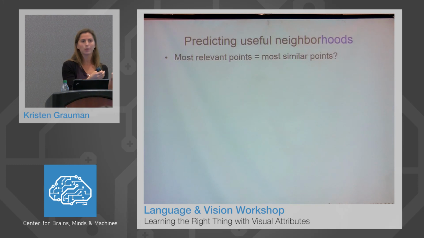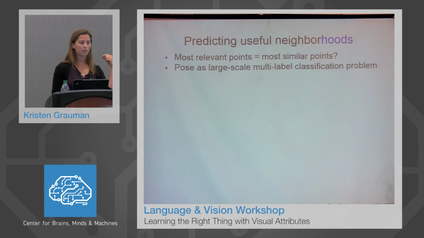Okay, so you find nearest neighbors, you train a model. But what this ignores is the joint distribution of the label and the nearest set, or the most relevant set. So what we'd like to do is actually take a data point and map it to its most useful neighborhood as a whole. Okay? And that neighborhood may not be the things that are closest to it in feature space.